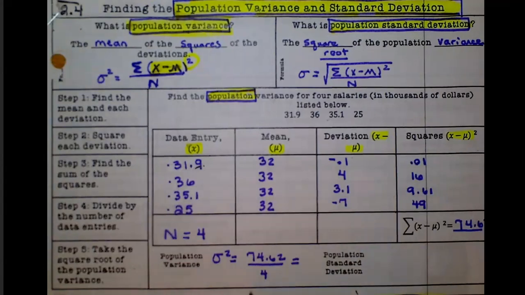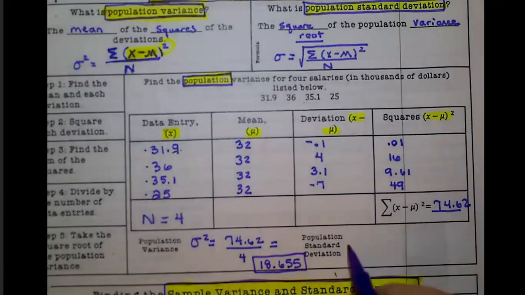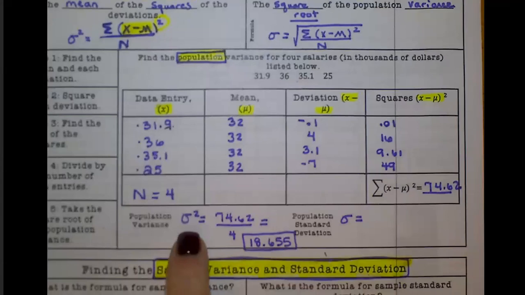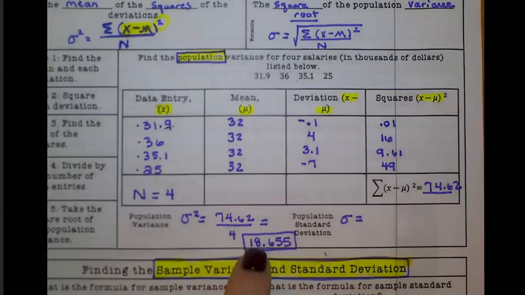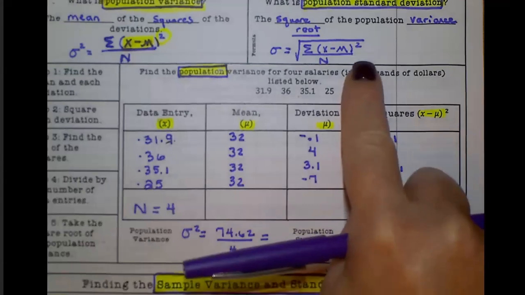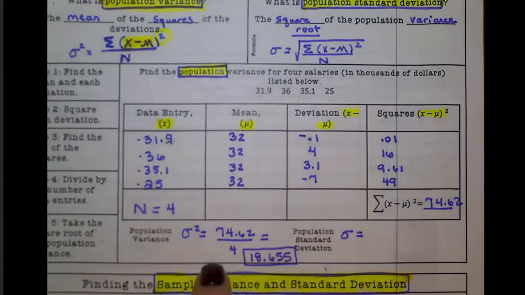And we get something like 18.655. Okay? Now, when you get to the population standard deviation, all we're doing is taking the square root of this answer. So if you go back to where I wrote that, you're taking the square root of what you got for the population variance.